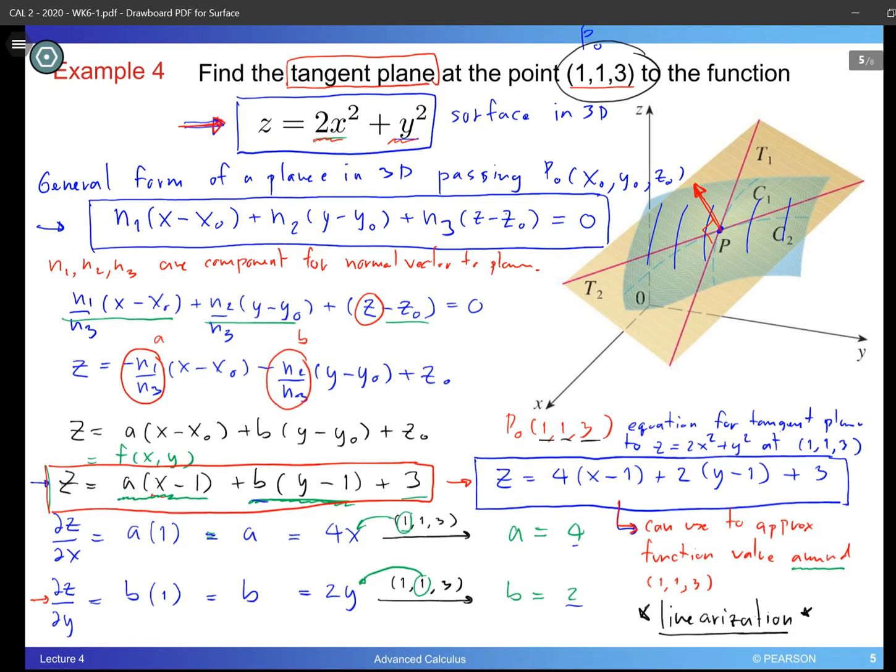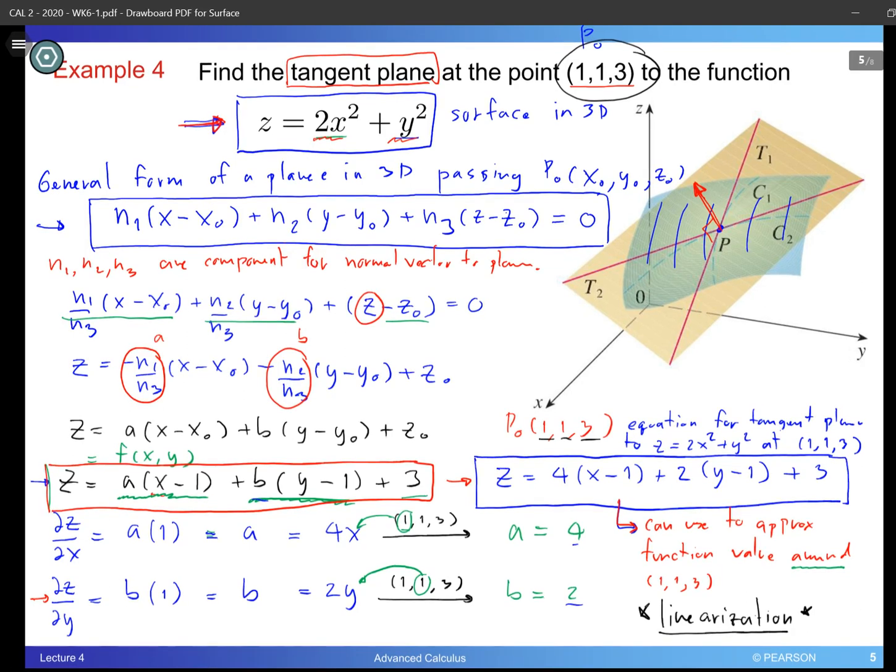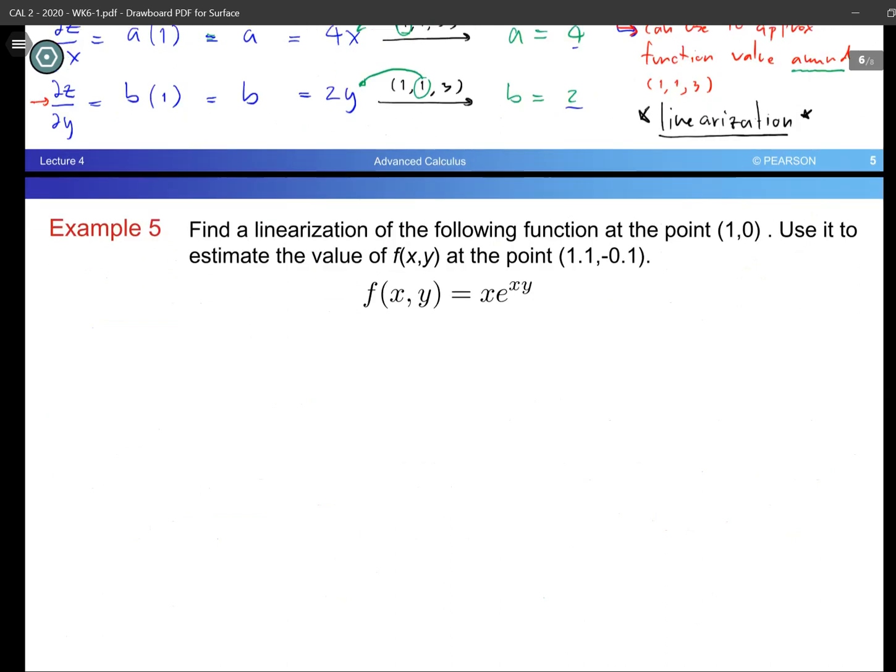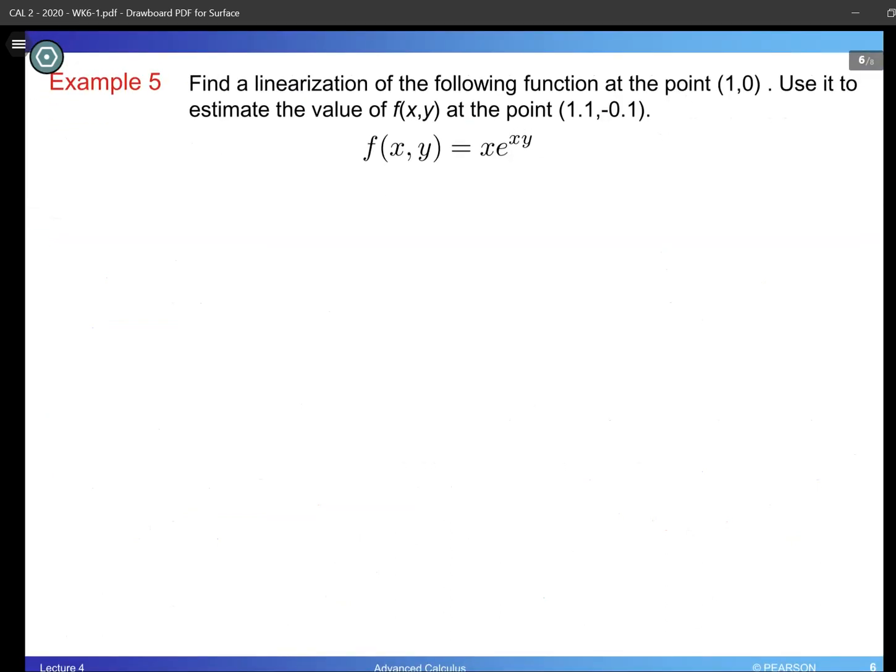Now let's apply this idea to example number 5 right here. In this example, we are supposed to find the linearization of this function right here. As you can see, we have the formula for this function to be used. We are supposed to find the linearization of this at the point (1, 0).